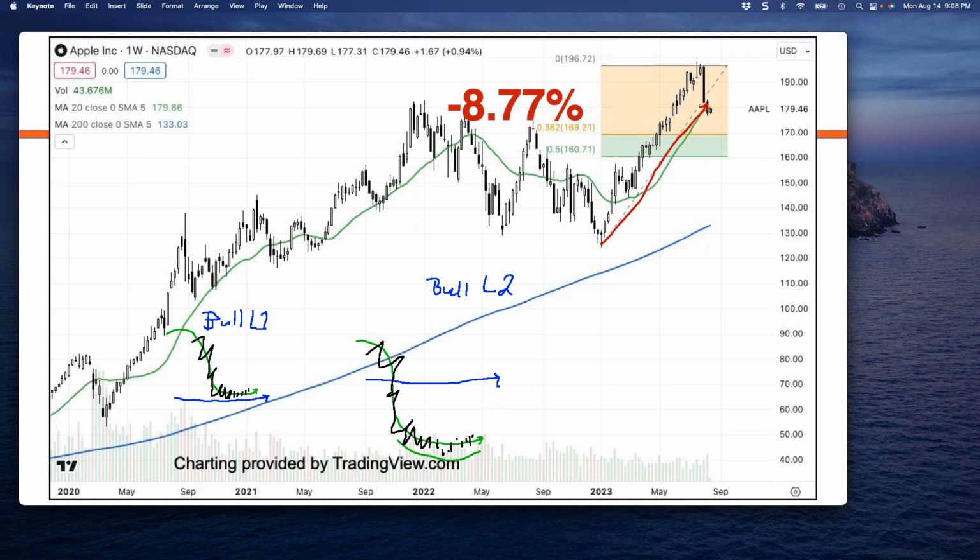So these are the two primary patterns that we're trying to look for when we're trying to identify good buying opportunities with the Rebel income system. When I say buying opportunities, I'm really talking about opportunities to sell a put option, generate some income on a stock that looks like it should have more bullish momentum than anything else in the near term.